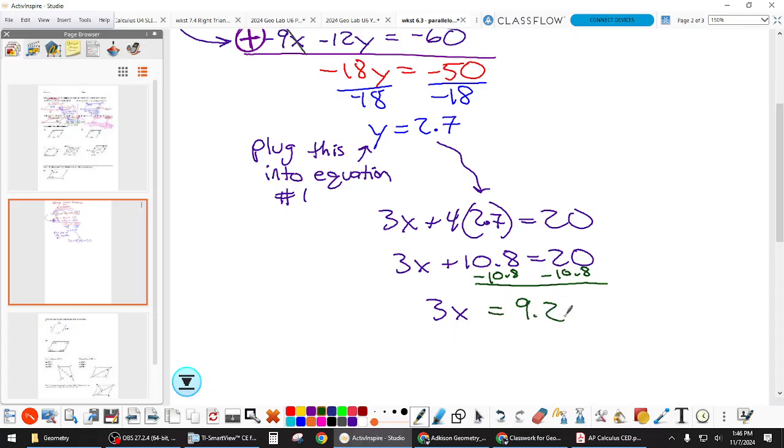So 20 minus 10.8 is 9.2. Divide by 3, and we're going to get like 3.066. Alright, how's that? That is solving by elimination.